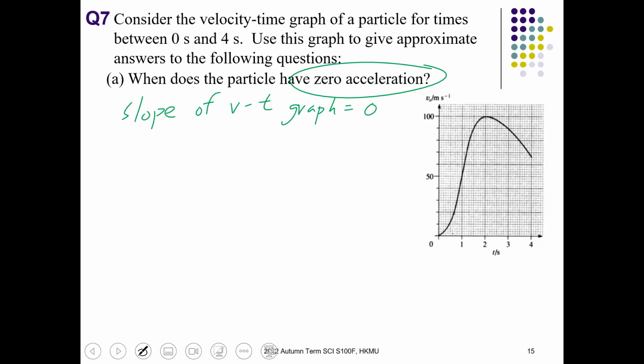How can we find the instant when the slope equals 0? Zero slope means this is a horizontal line.